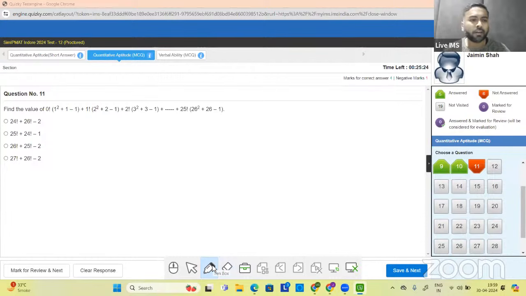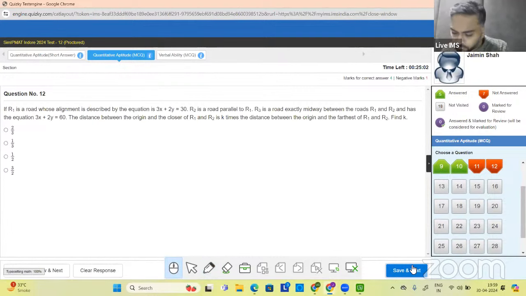Okay. Find the value of this. Let me go back. R1 is a road whose alignment is described by the equation 3x plus 2y is equal to 30.